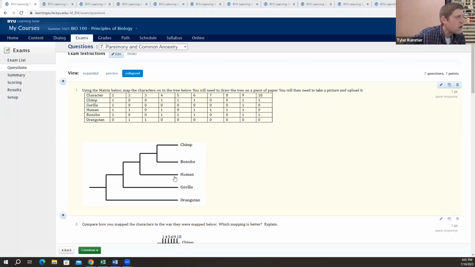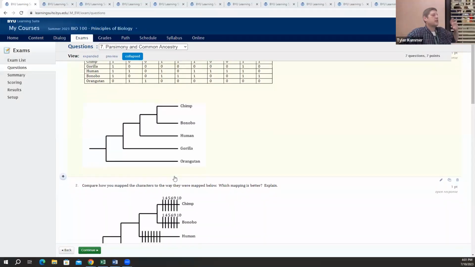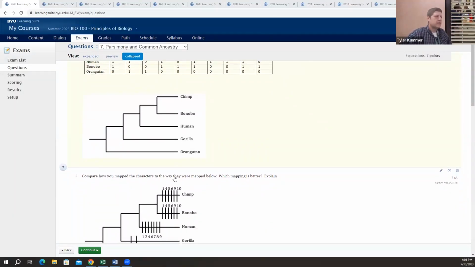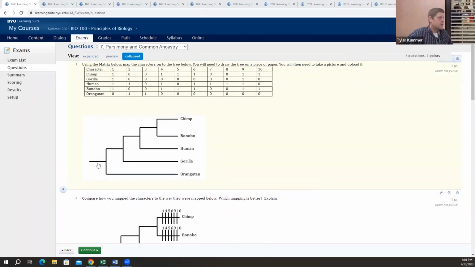So to initially start with, the first section here is just: why do we put traits on a tree in a particular way? And hopefully, as you were doing this, you would say, okay, character 1, everybody has it but the orang, so it must have evolved here and then been passed on to all the descendants, and the orangs didn't get it. And so that would make sense.